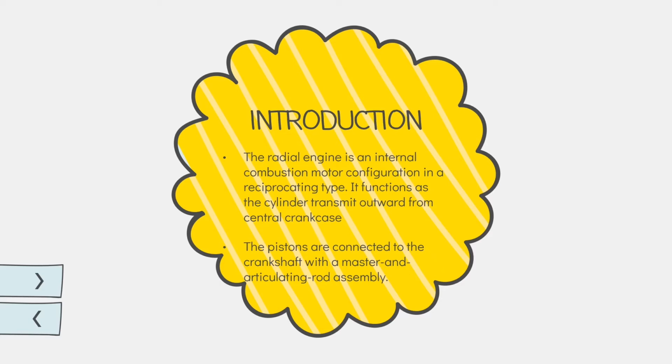One piston, the uppermost one in the animation, has a master rod with a direct attachment to the crankshaft. The remaining pistons pin their connecting rods to rings around the edge of the master rod. Extra radial cylinders can be added in order to increase the capacity of the engine without adding to its diameter.